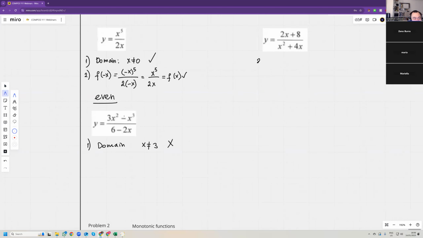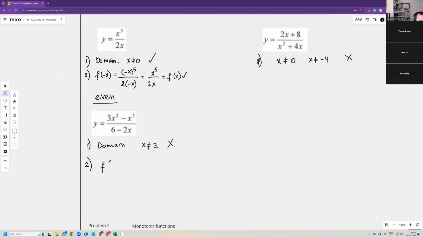And the third one is the same. x is not equal to 0, and x is not equal to -4. Therefore, it's not an odd or even function. But regardless of that, let's test this second statement.